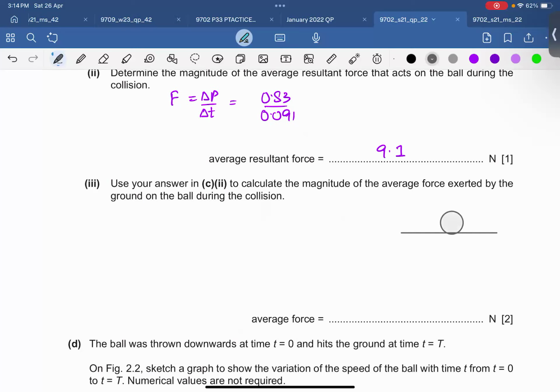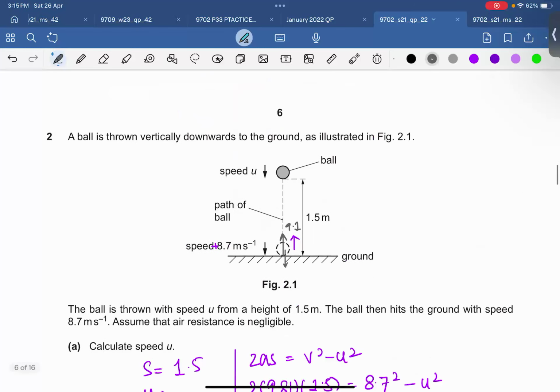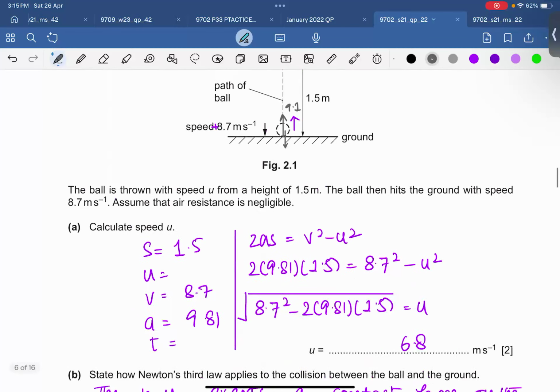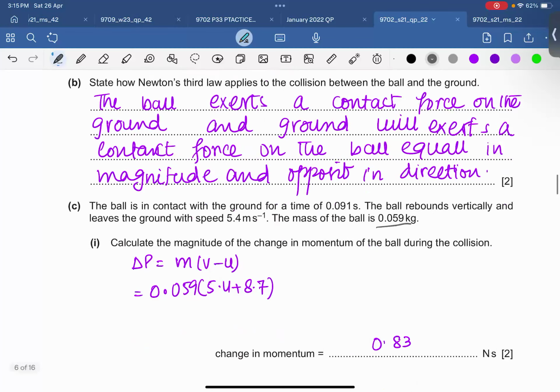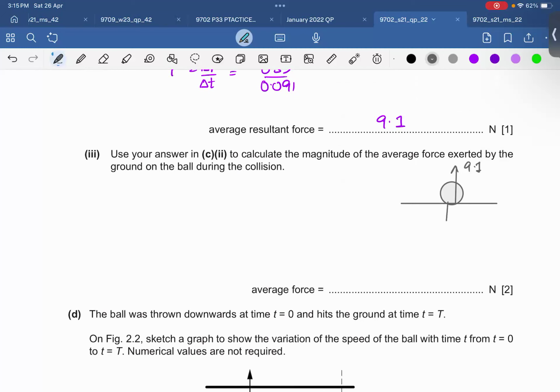अब इन्होंने कहा है कि फोर्स एक्सर्टेड बाय द ग्राउंड ऑन द बॉल। सो बाय द ग्राउंड ऑन द बॉल में एक तो ये था कि जो 9.1 आपने निकाला, दैट वाज बेसिकली बाय द ग्राउंड ऑन द बॉल, और द अदर वन इज द वेट ऑफ द बॉल इटसेल्फ, उसके अगेंस्ट में द ग्राउंड विल एक्सर्ट द कॉन्टैक्ट फोर्स ऑन द बॉल एज वेल। जब मास इंटू 9.81 करोगे, you'll get a downward force, और उसी corresponding ground will apply an upward force, and that upward force will be added with the 9.81 to get the resultant one, okay?